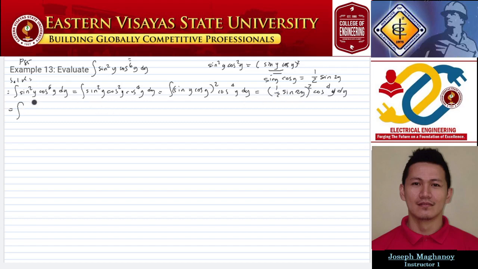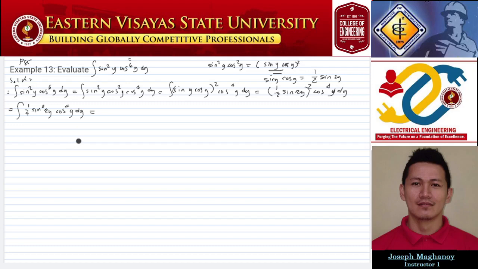So that is 1/4 sine squared 2y, then the remaining cosine 4y dy.